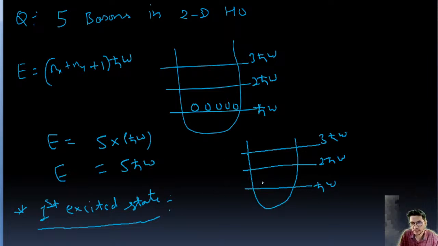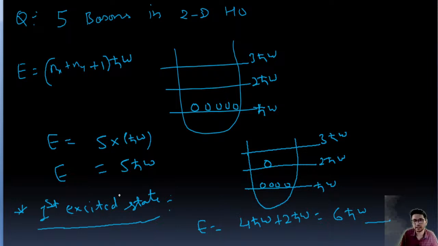First excited state means 4 will be here and 1 will go up. So the total energy is 4 h cut omega plus 2 h cut omega, that is 6 h cut omega. This is the answer, guys.